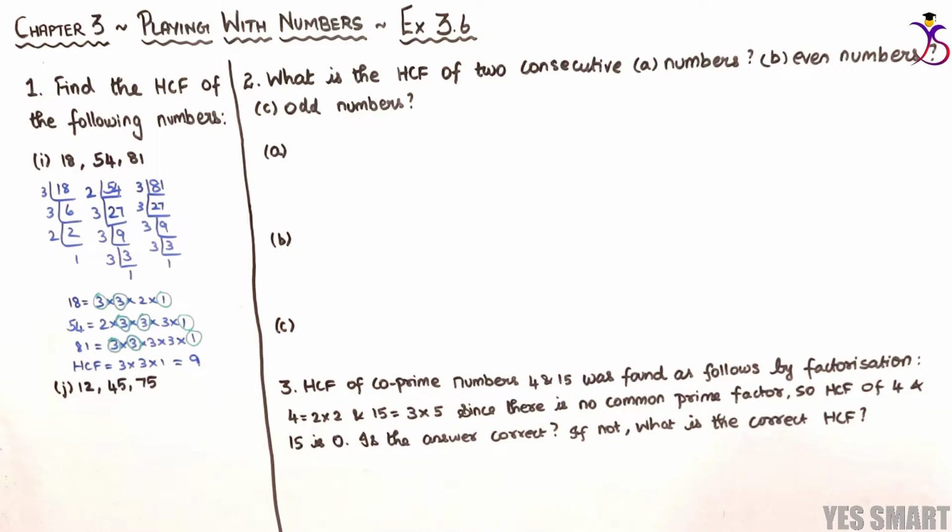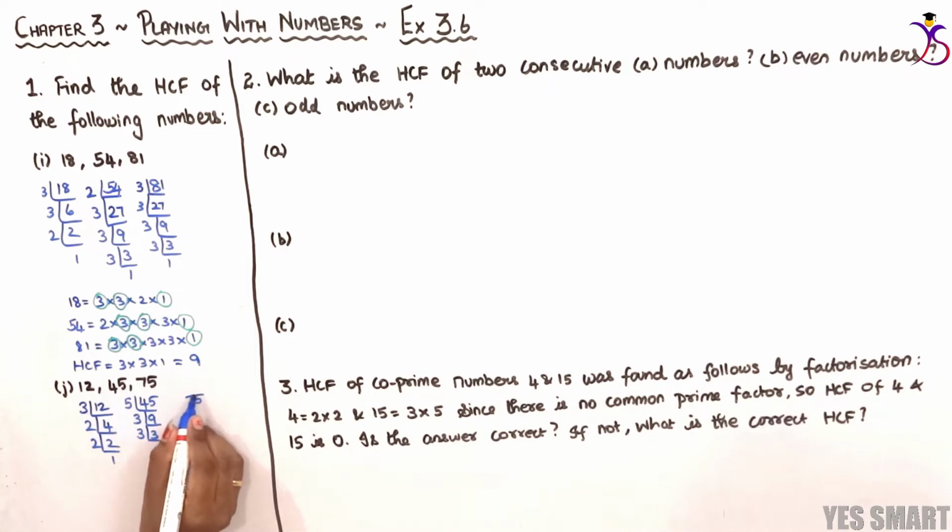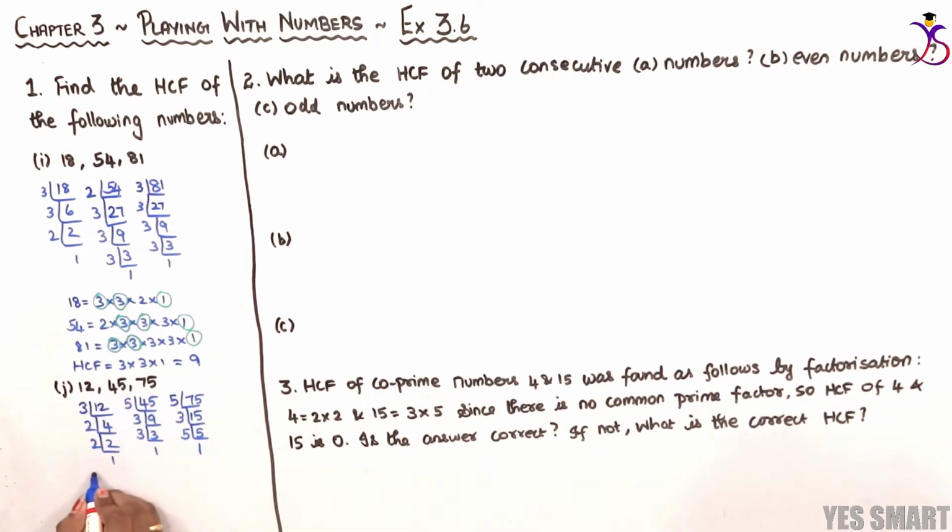And the last subdivision, 12, 45, 75. Let's start with 12. 3 4s are 12, 2 2s are 4, and 2 1s are 2. For 45, 5 9s are 45, 3 3s are 9, and 3 1s are 3. For 75, we have 5 15s are 75, 3 5s are 15, and 5 1s are 5.